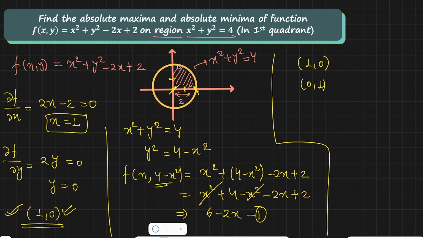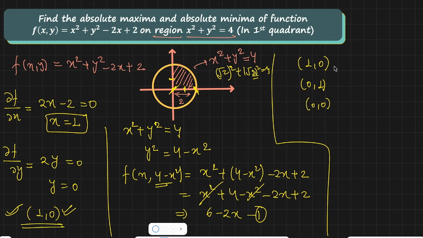Can I take any boundary point, which is satisfying this? I can take 0 comma 2, or I can take root 2 comma root 2. So root 2 square plus root 2 square is also satisfying this. And this is also 0 comma 0.